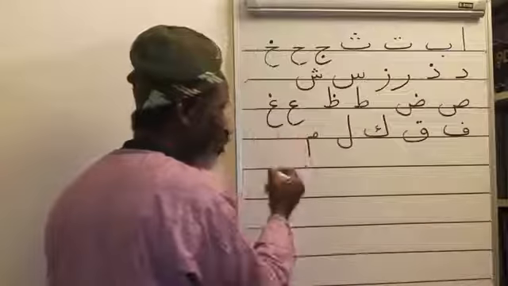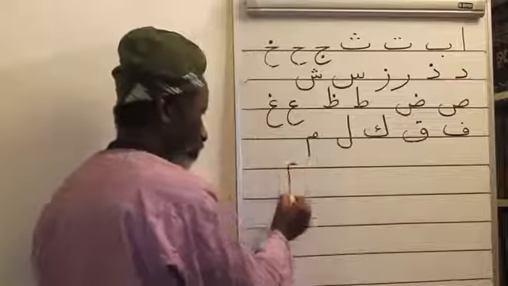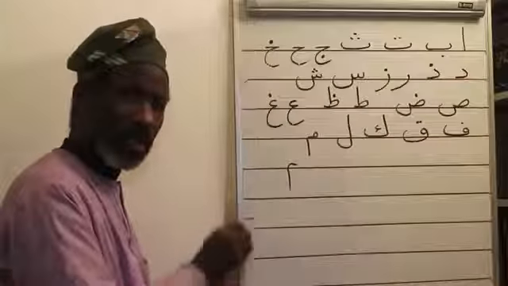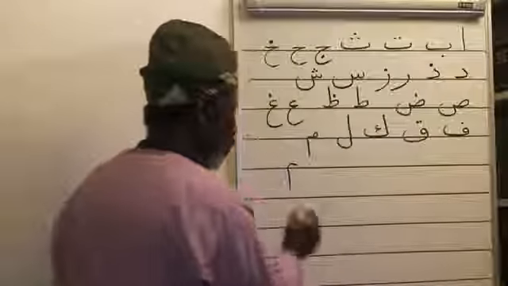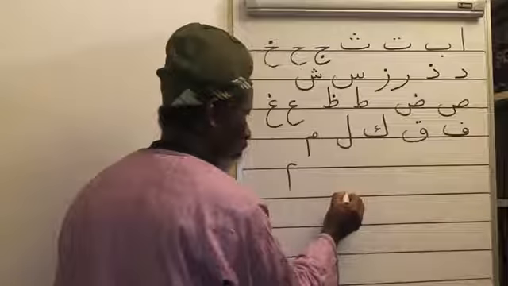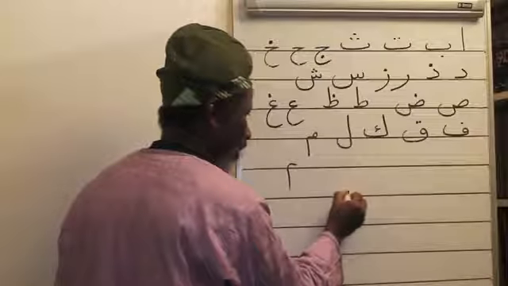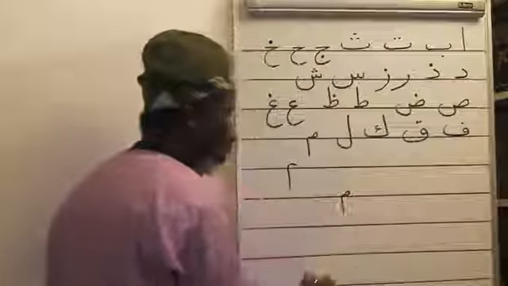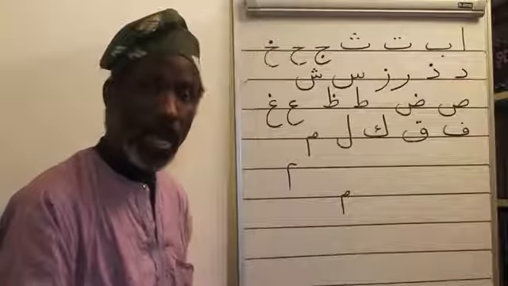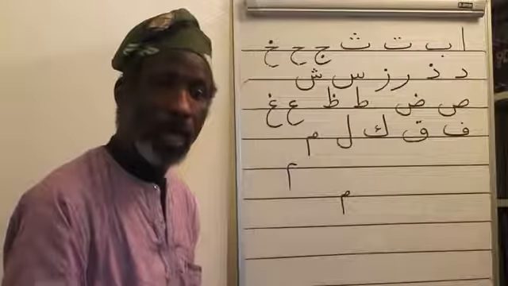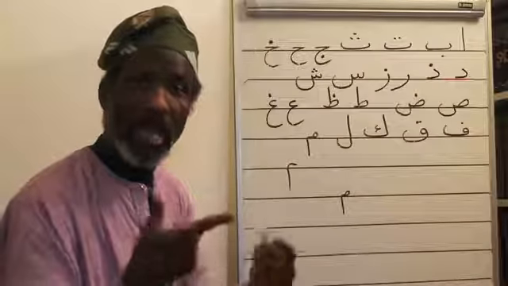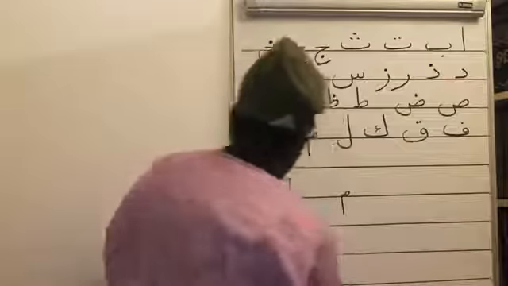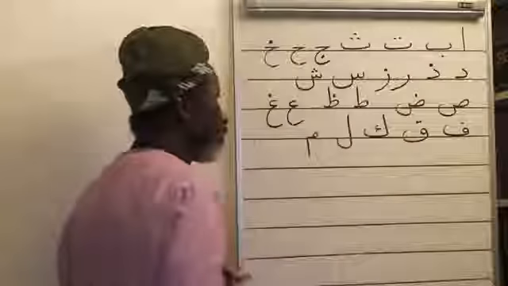The last movement is this drop, except that you are starting from the top, doing the head first. One more time: you go right, clockwise, and drop, and that's your Mim. That's like M-I-M. So we have Lam, Mim.